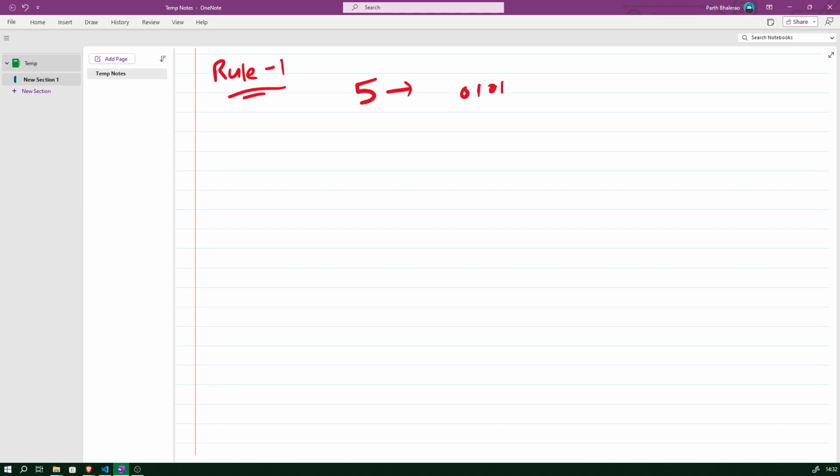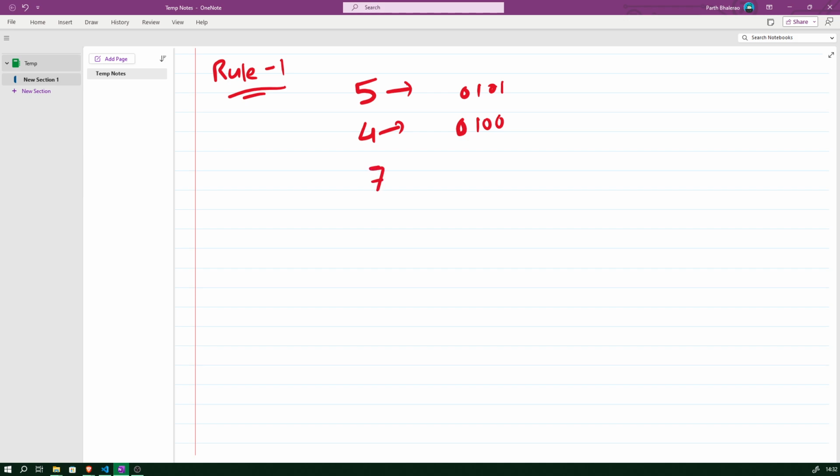How is 4 represented? 0100, since 2 squared is 4.